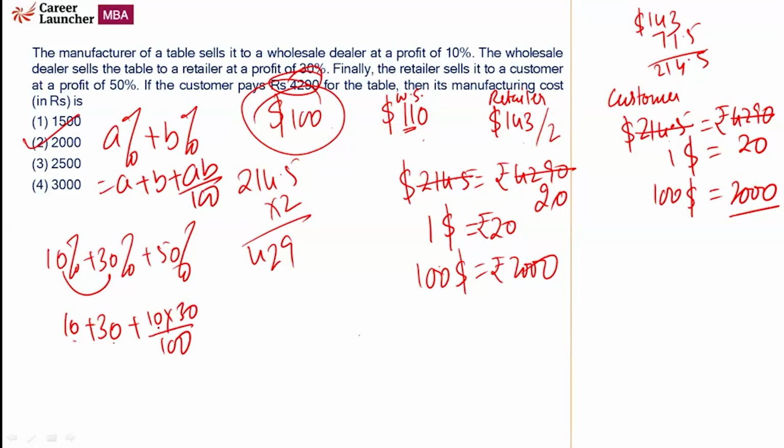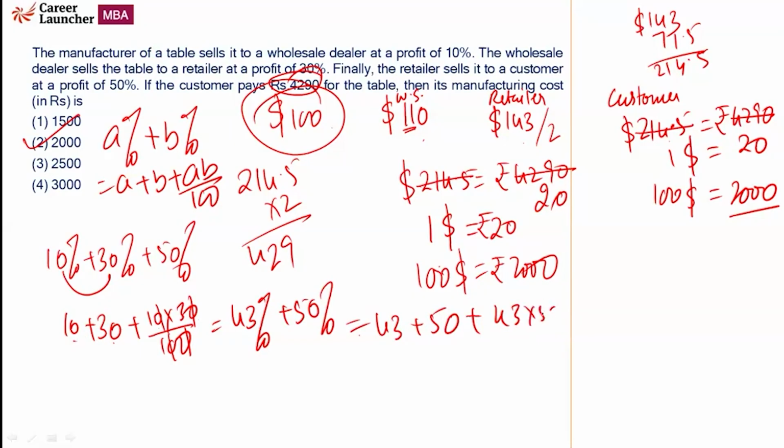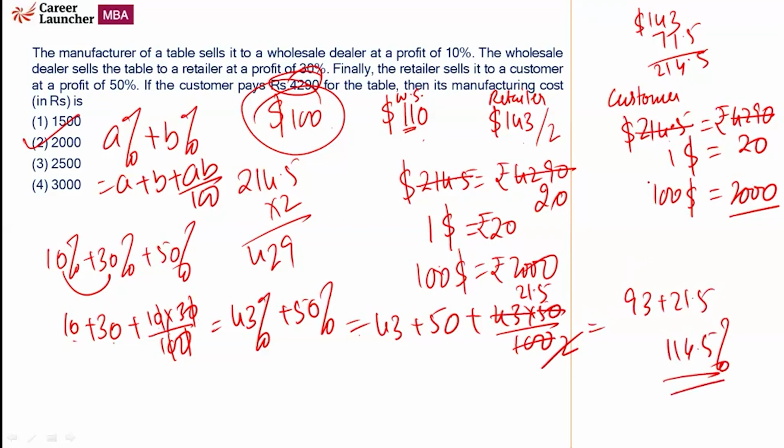So I'll say it is 10 plus 30 plus, 30% increment of 10 as well. I will say this is 43% growth. Then you combine it with the 50% growth. So 43 plus 50 plus 43 into 50 by 100. Am I right? Okay, which is 21.5. So this is 93 plus 21.5, a 114.5% growth.